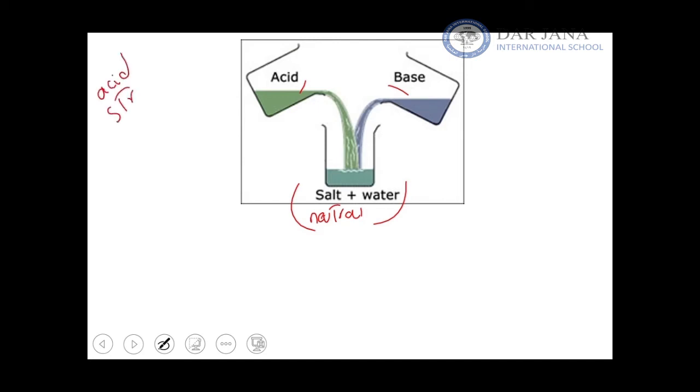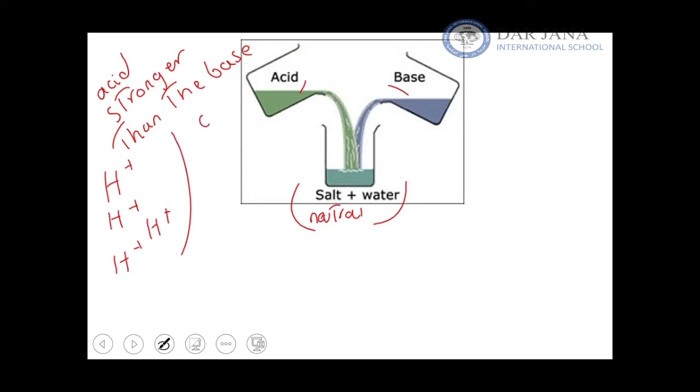let's take this case. So if you have more hydrogen ions than hydroxide ions, let's say we have this many hydrogen ions and we have a little bit of hydroxide ions.